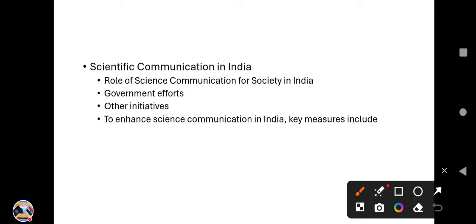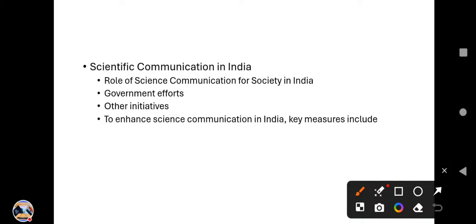Other initiatives include Indian Science Language, Astrolab, CSIR National Physical Laboratory, the One Week One Lab campaign, and the Scientific and Heritage Research Institute, also like SRI, which is located in Tirunelveli, Tamil Nadu.